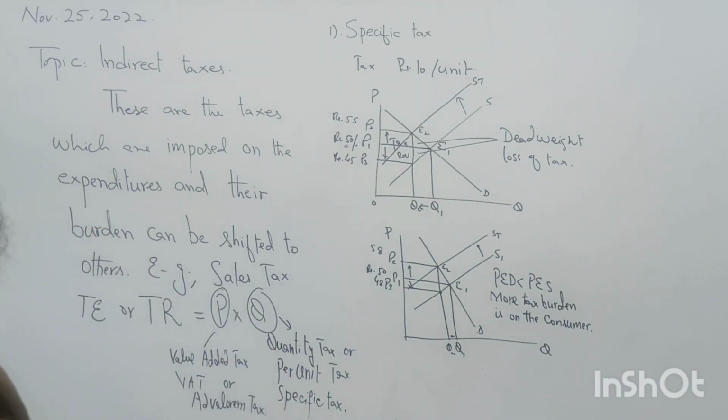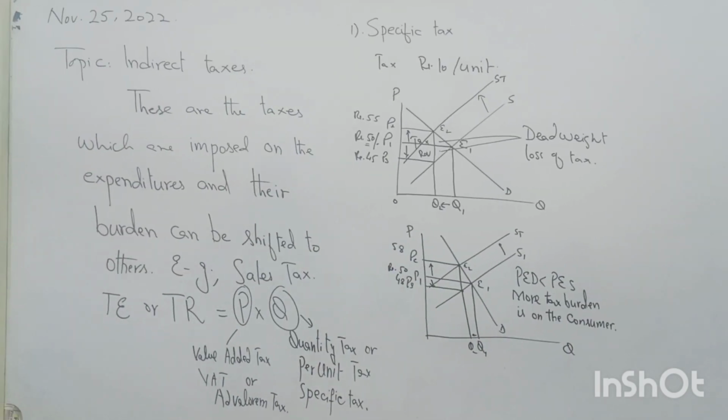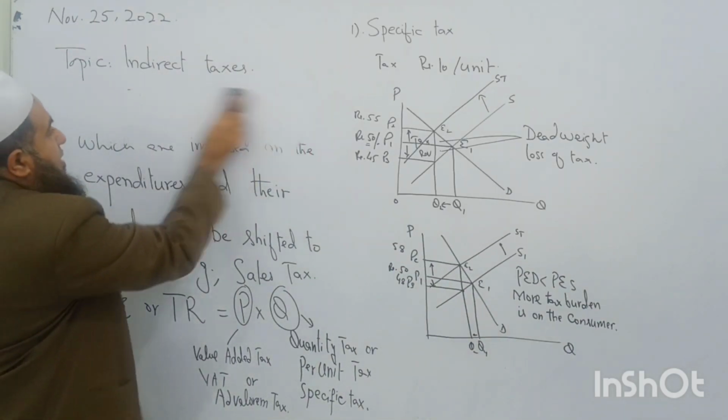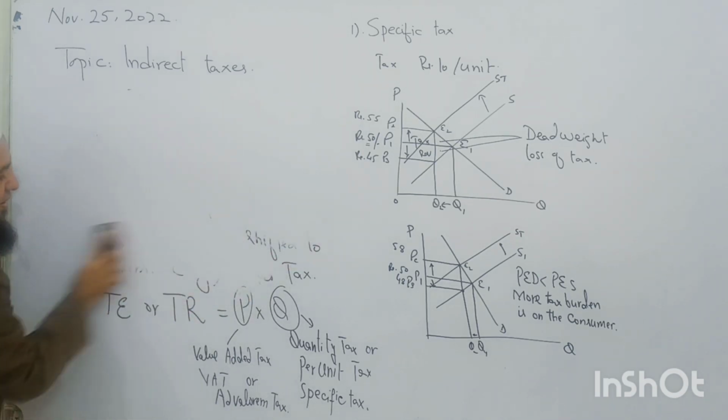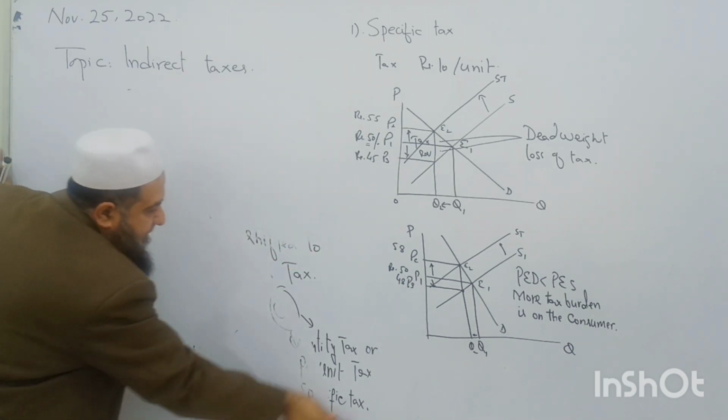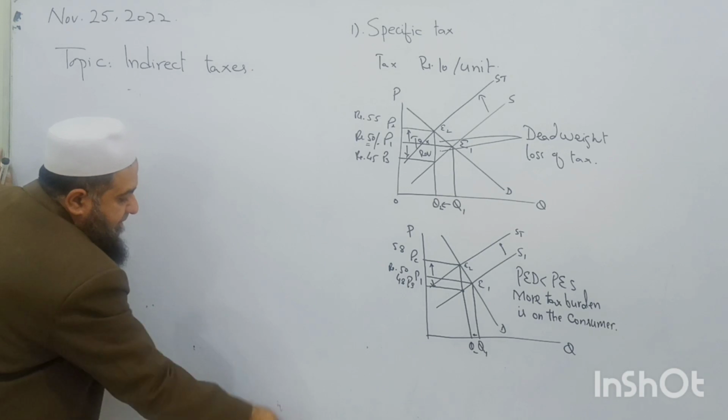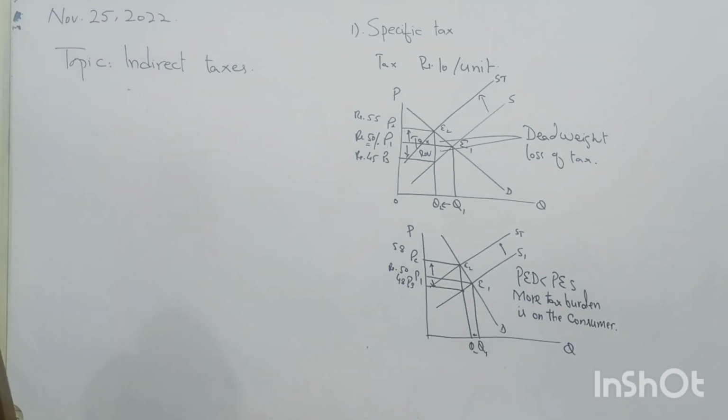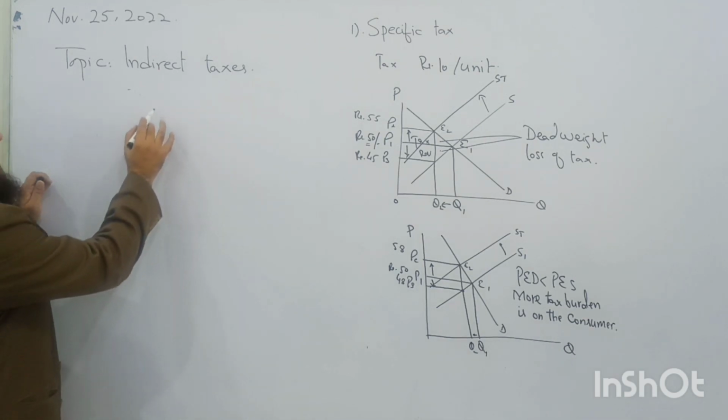So if I draw the inelastic supply, what happens then? If I draw inelastic supply, then demand is elastic.